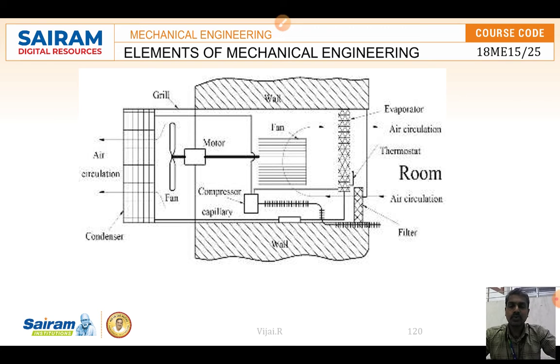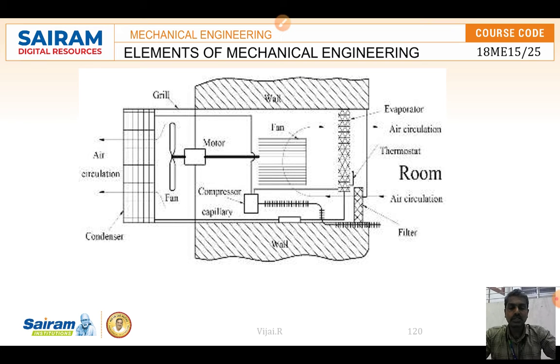Normally we call these a blower and a fan. When the motor rotates, the fan inside the room conditioner sucks the hot air in the room, and it passes near the evaporator coil.